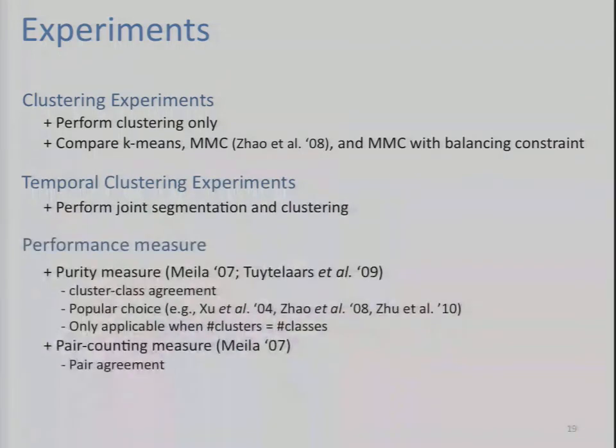For the performance measures, we use the purity measure and the pair counting measure. Purity is by far the most popular measure, but it's only applicable when the number of clusters is equal to the number of classes. So for the sensitivity analysis, we use the pair counting measure.